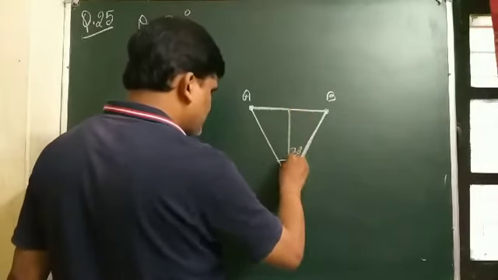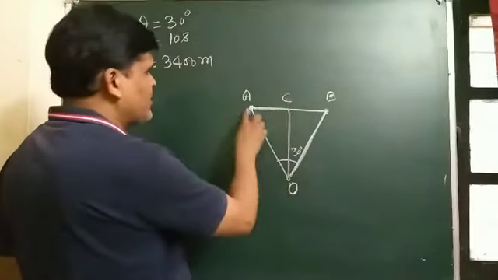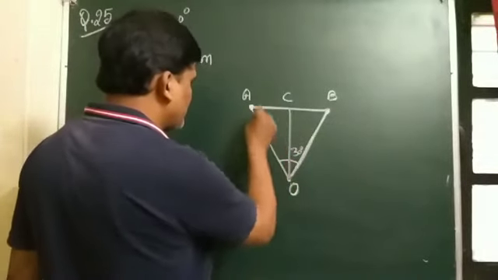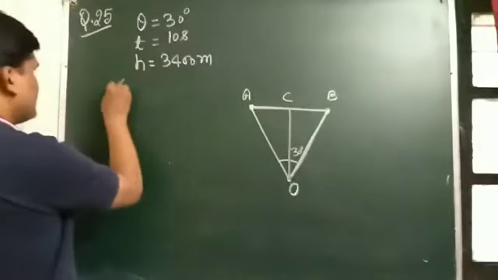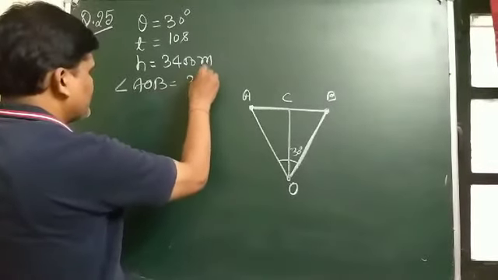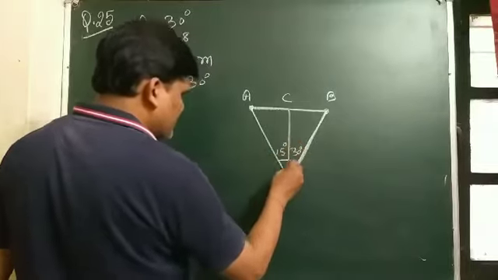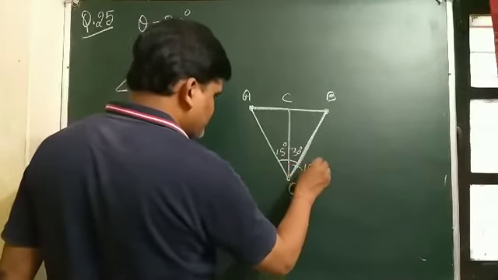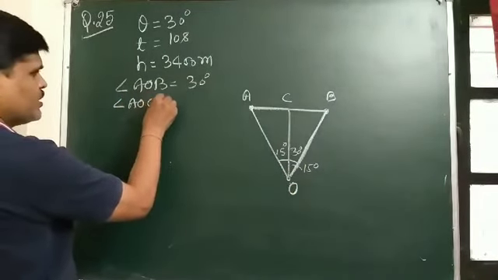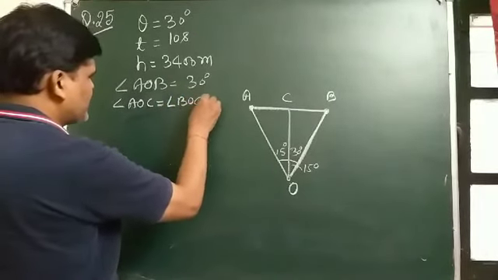So angle AOB is 30 degrees, which means this angle is 15 degrees and this angle is also 15 degrees. It means angle AOC and angle BOC are both 15 degrees.